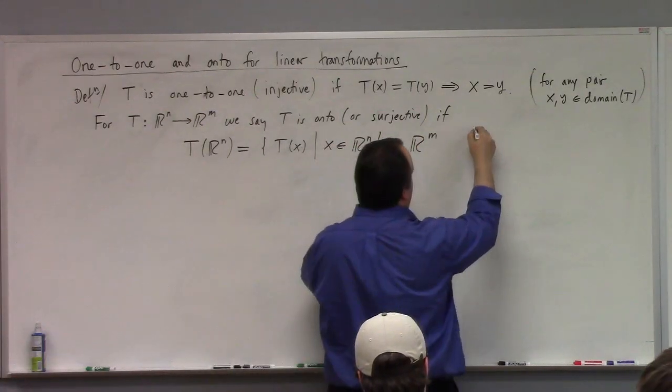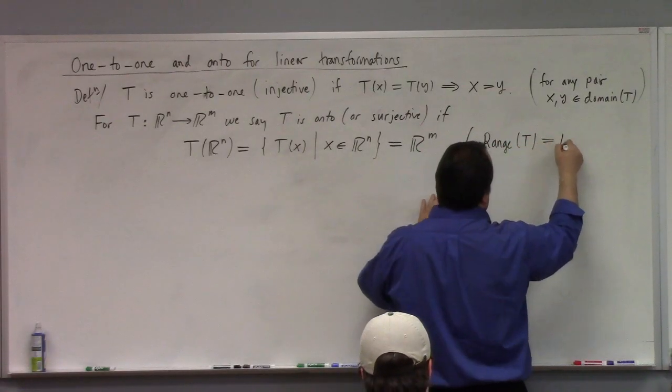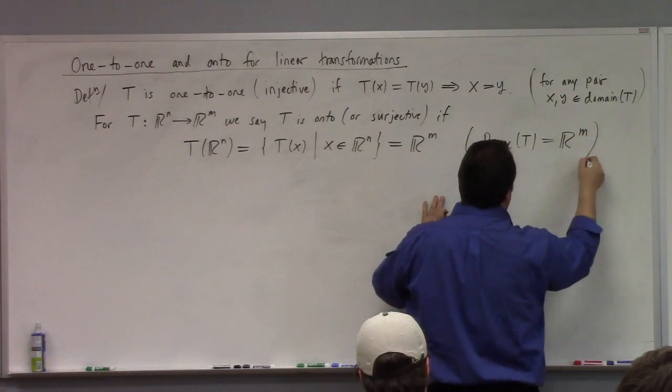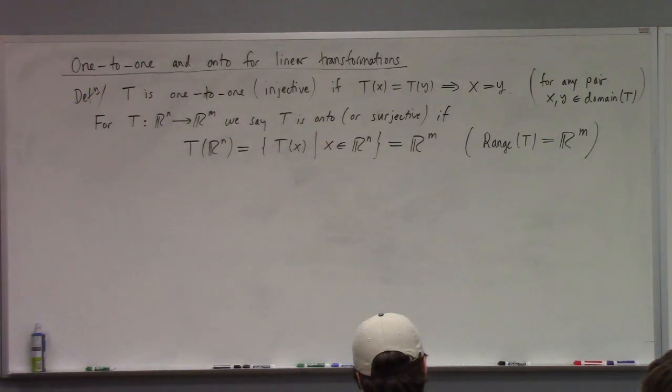In other words, the range of T is equal to Rm. So it's an onto map if it covers the entire possible outputs for the function, right?